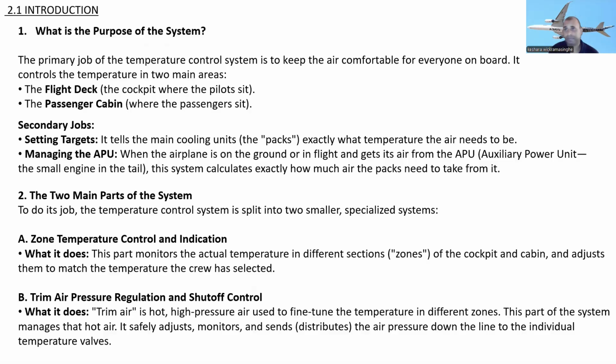What does it do? This part monitors the actual temperature in different sections, or zones, of the cockpit and cabin and adjusts them to match the temperature the crew has selected.